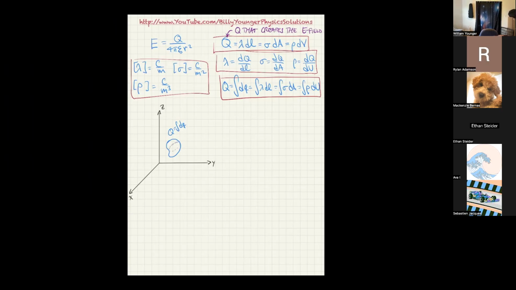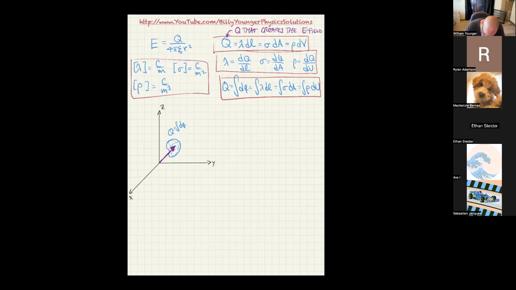I'm trying to make you picture that it could be three-dimensional by drawing those little lines on it. And then inside of here is the center of charge. Or more specifically, it could be a single dq.